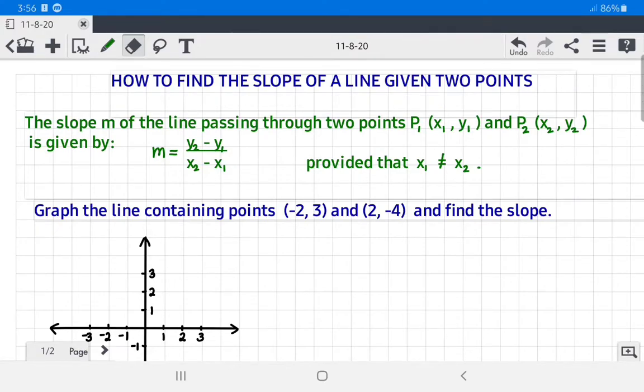So let us first have the definition of a slope. The slope, which is denoted by m, of the line passing through two points, the first point P1 with coordinates x1, y1, and the second point P2 with coordinates x2, y2, is given by m equals y2 minus y1 over x2 minus x1.